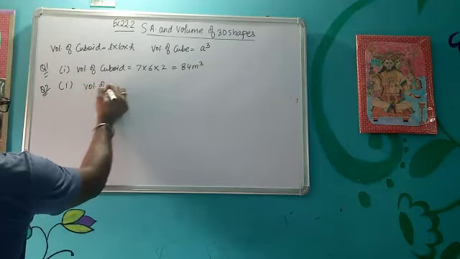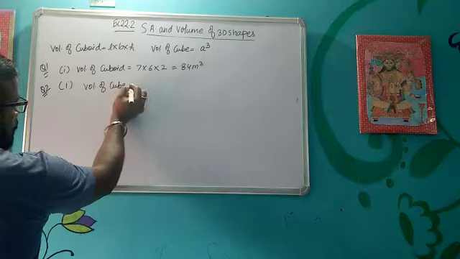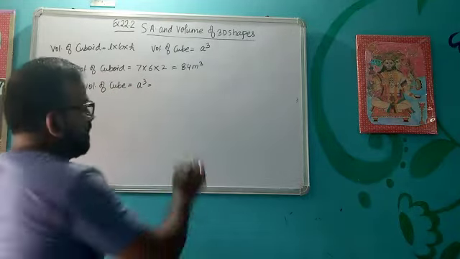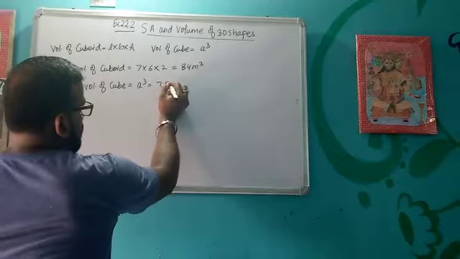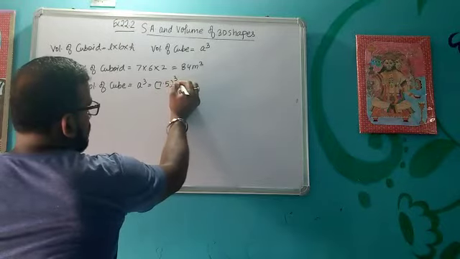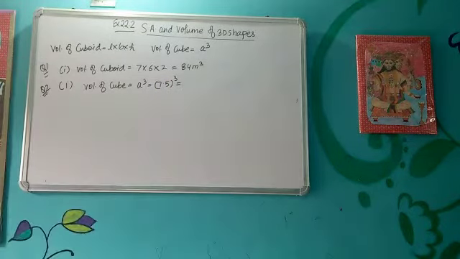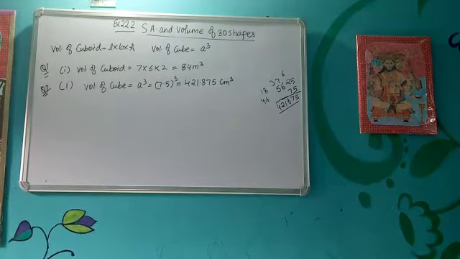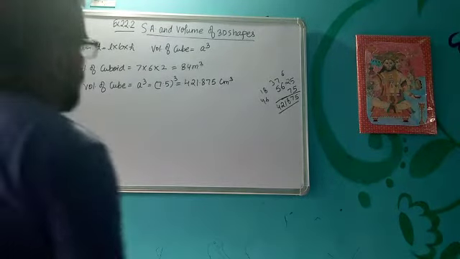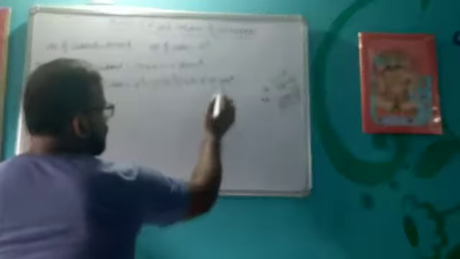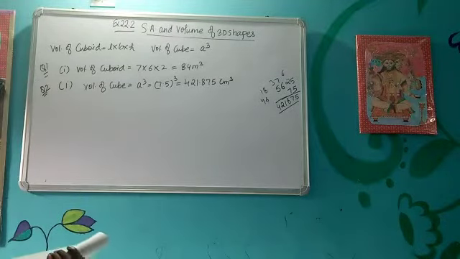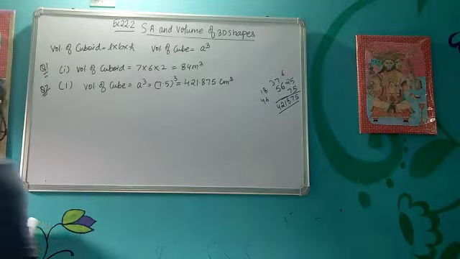So volume of cube will be how much? Side cube, and side is given as 7.5. So it will be 7.5 cube. Okay, so the volume of the cube is 421.875 centimeter cube.